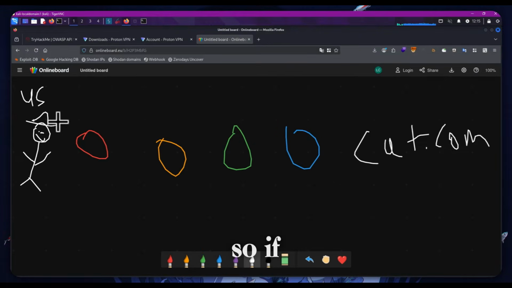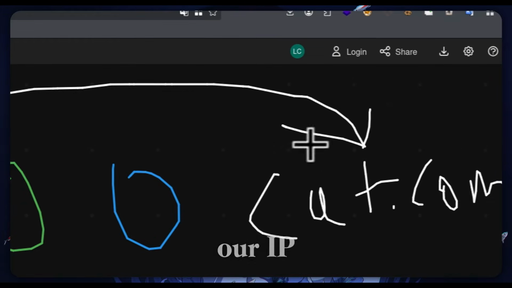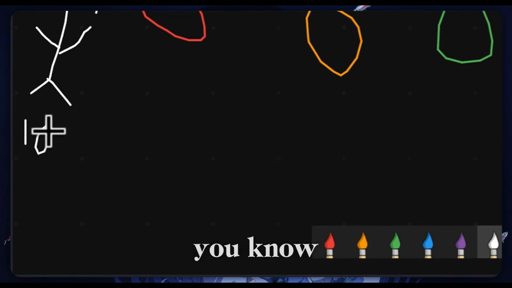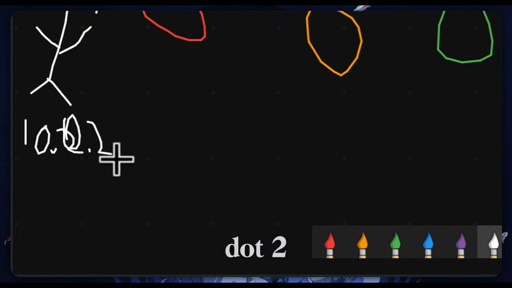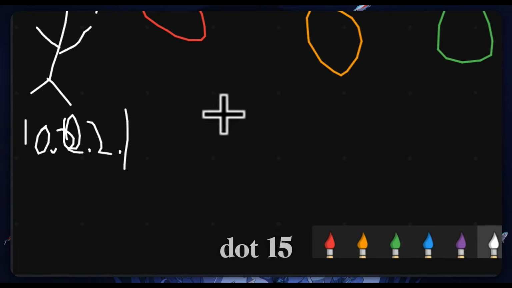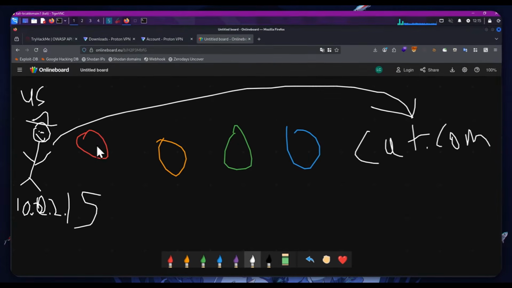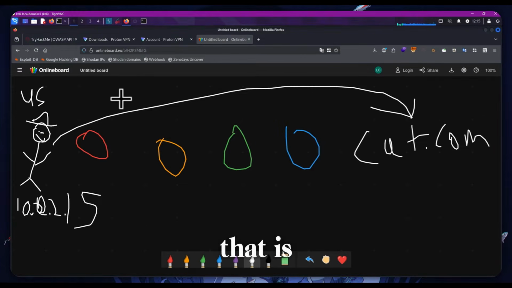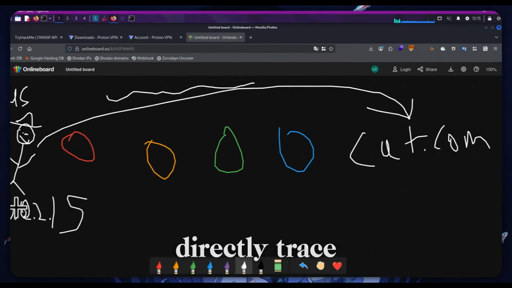So if we just visit it directly, then our IP of, let's say, 10.0.2.15, just for this example, is sent through here to the site, and they can just directly trace it back.